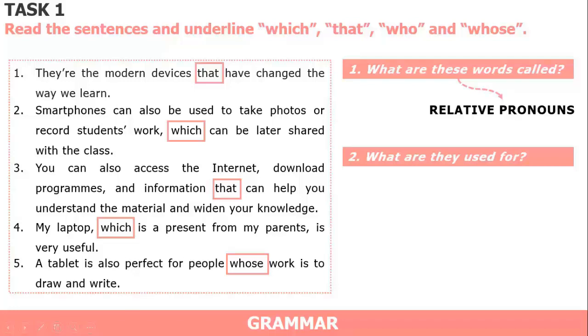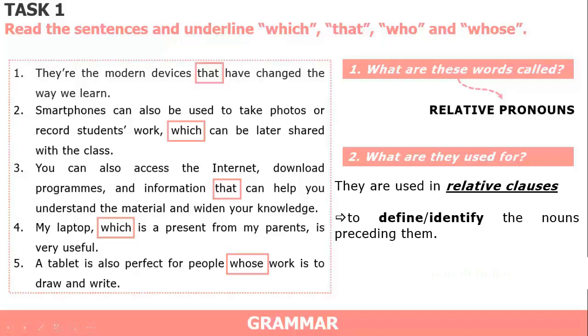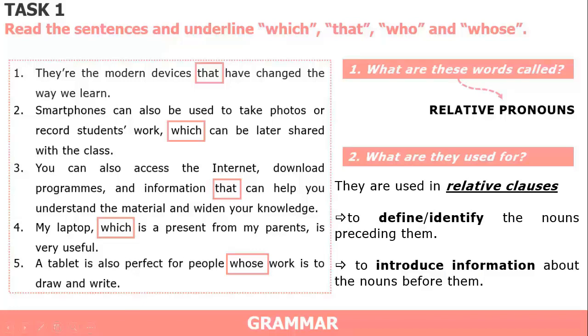How about question number 2? What are they used for? They are used in relative clauses to define or identify the nouns preceding them or to introduce information about the nouns before them.